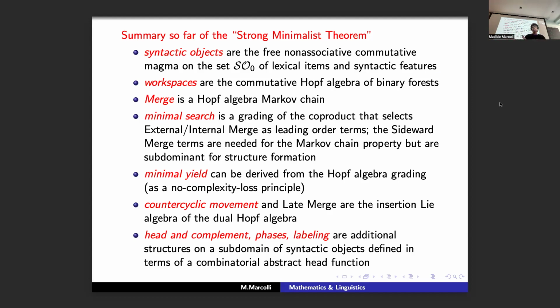You have first kinds of filters which have to do with the possibility of having a head function on your structures, with labeling, phases, heads and complements, and the structure in sub-nested phases, and the corresponding well-defined labeling for the internal edges of the tree based on the projection of the head.